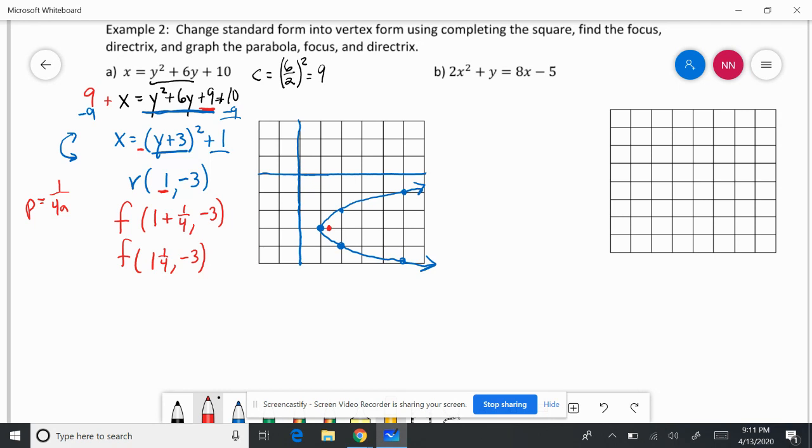My directrix is going to be a vertical line, and instead of adding the 1/4, I'm going to subtract the 1/4. So that means my directrix is 3/4. So what I have is a vertical line at 3/4.